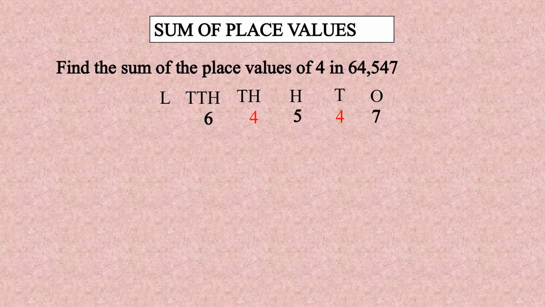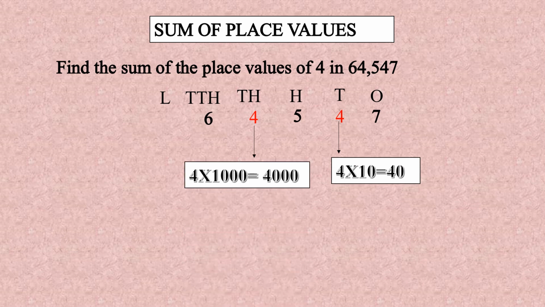Place value of 4 in tens place is 4 multiplied by 10 is equal to 40. Place value of 4 in thousand place is 4 multiplied by 1000 is equal to 4000.